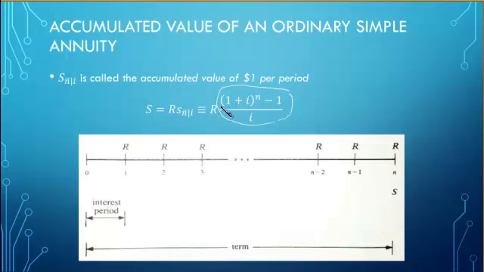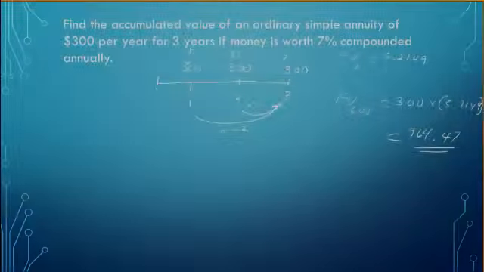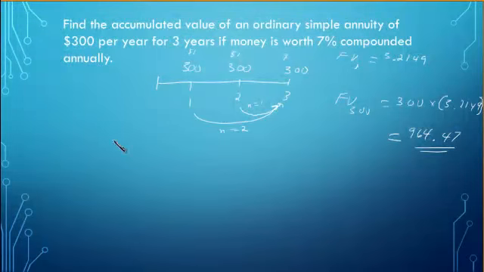So this is a general formula. Notice we're making payments R for a certain number of periods, and then we simply use this formula to calculate the accumulated value on that $1 per period. Here we have the same problem, and let's first write down the formula. The future value, let's just use S right now.